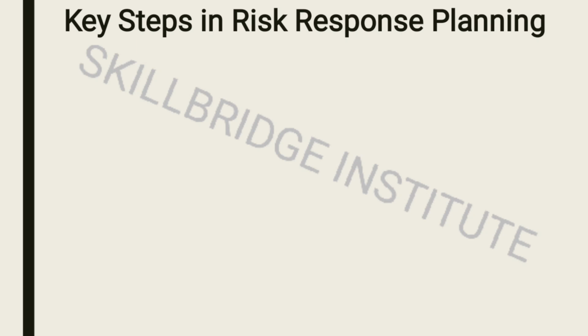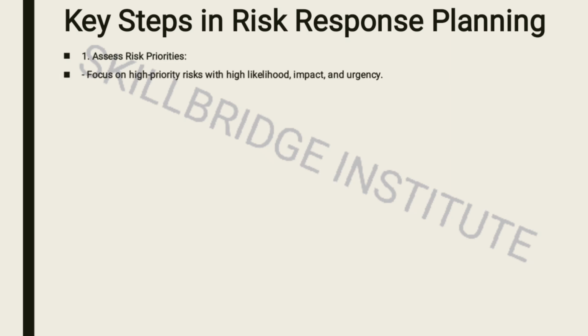Let's talk about key steps in risk response planning. Number one, we need to assess risk priorities. On assessing risk priorities, we need to focus on those risks which have a high likelihood of occurring and a high impact.